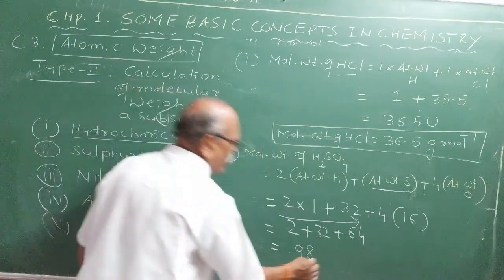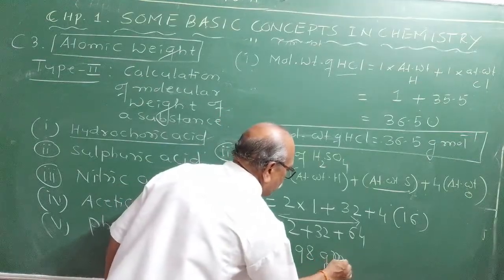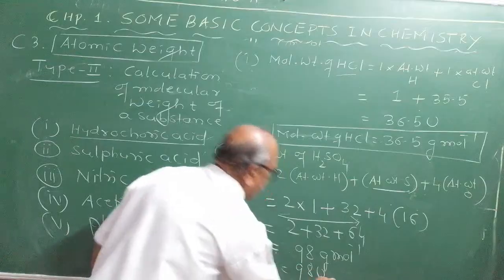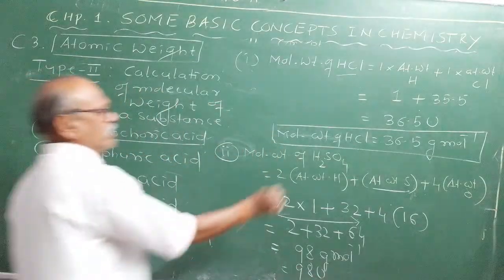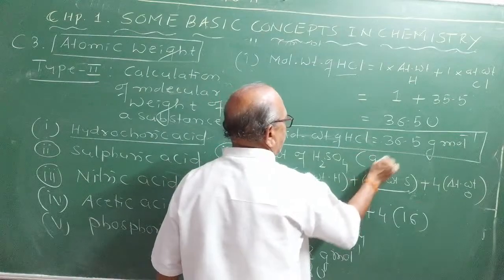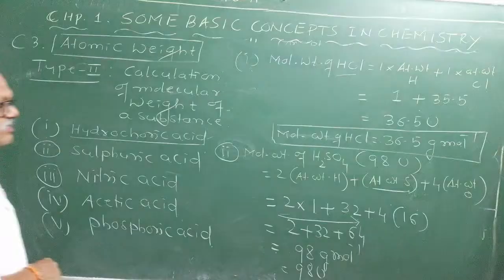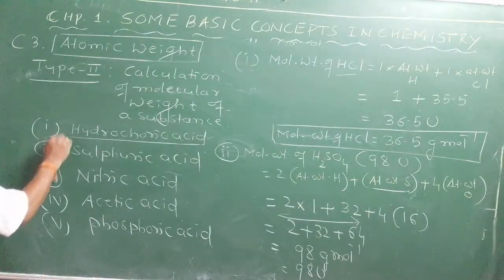The molecular mass is 98. When expressed in grams, it is 98 gram per mole, or when expressed as relative mass, it is 98 U. Remember the molecular weight of sulfuric acid henceforth as 98 U, unified mass. That is the second one.